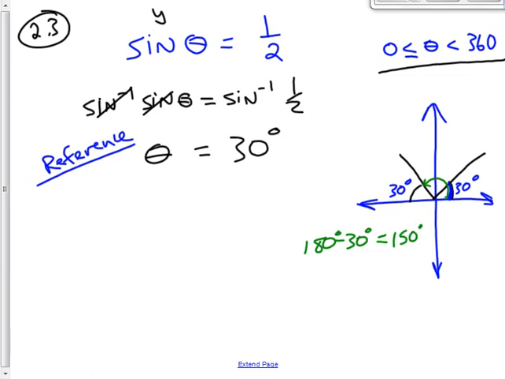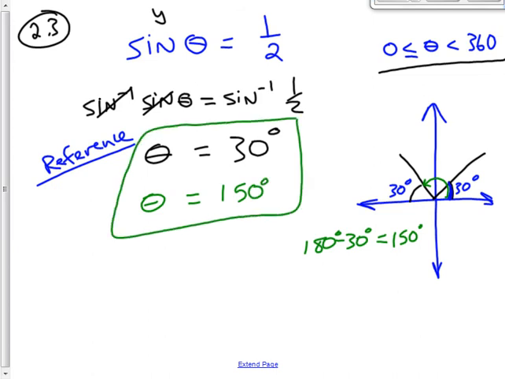So if I did sine of 150 degrees on my calculator, I should also get an answer of 1/2. And you can go ahead and check that on your calculator. So I end up with theta is equal to 30 degrees and theta is equal to 150 degrees. I can plug in both of those two numbers in order to get a 1/2 when I take the sine of it.